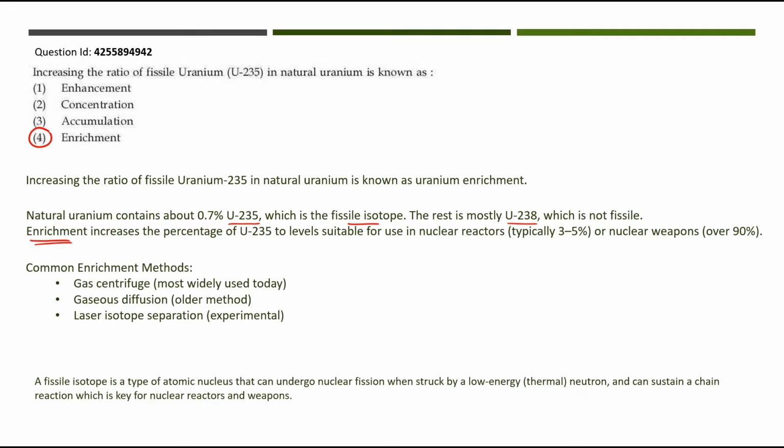This fissile isotope can undergo nuclear fission when it is struck by a thermal neutron. So this can sustain a chain reaction, which is actually a key factor in nuclear reactors and nuclear weapons. So that is a fissile isotope. Here they say natural uranium has only 0.7% of that fissile isotope. When you are increasing the percentage of fissile uranium, that is called enrichment.